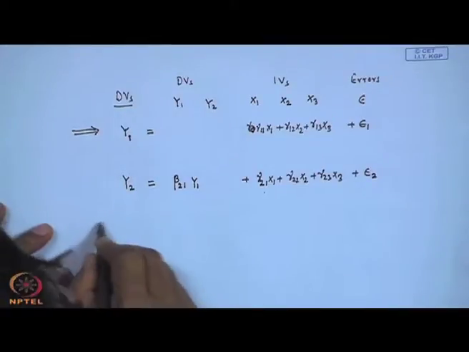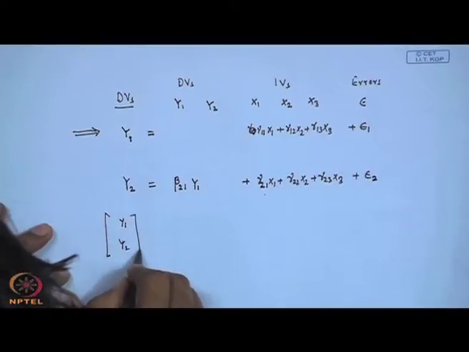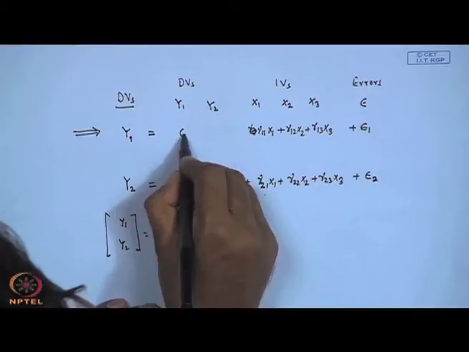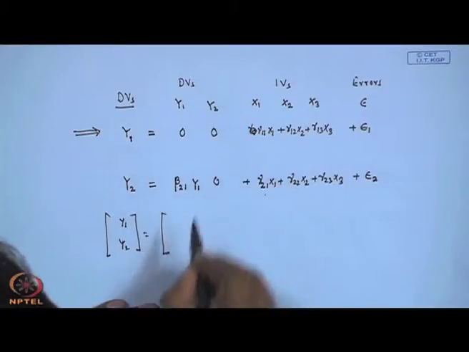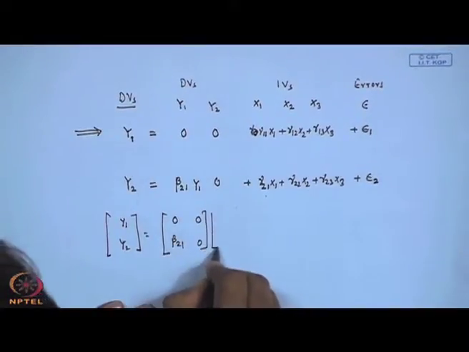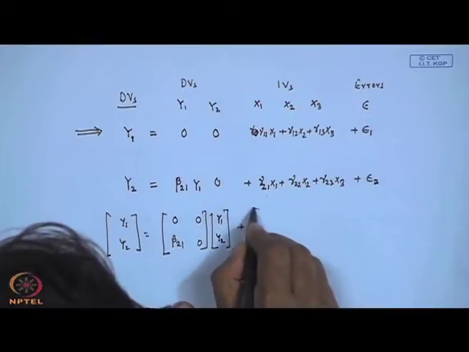So, in matrix form you can write y1, y2 equal to, then this side, where there is nothing, means 0 0 0. So, 0 0 beta 2 1 0, and definitely again you are writing y1 and y2, which is the difference from the regression model.